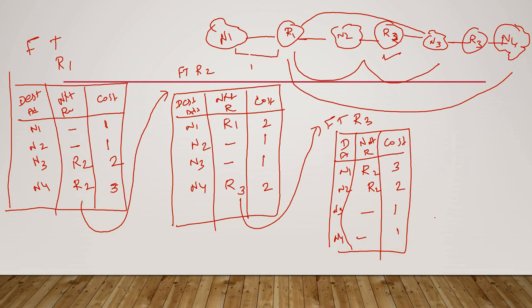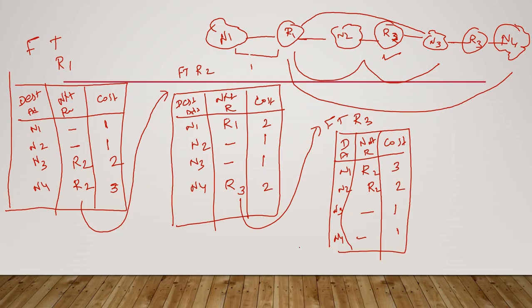Okay, so like this the forwarding tables are going to be created. R1 defines the next router for the path to network 4 as R2. R2 defines the next router for the path to network 4 as R3. For R3 there is no next router.